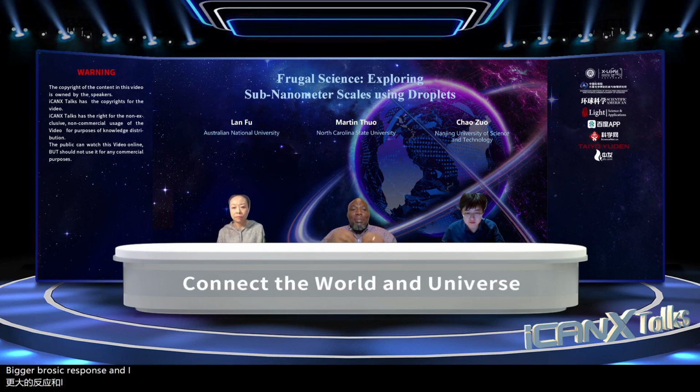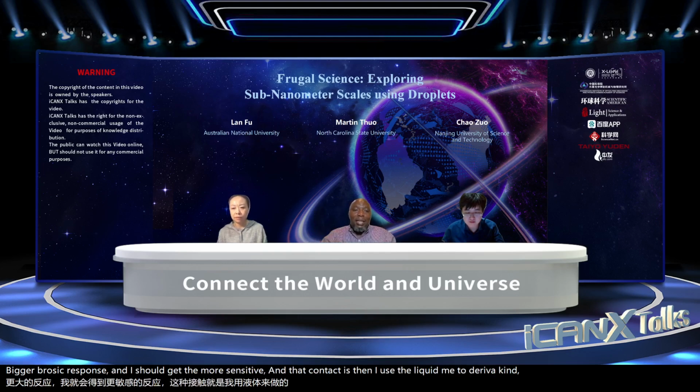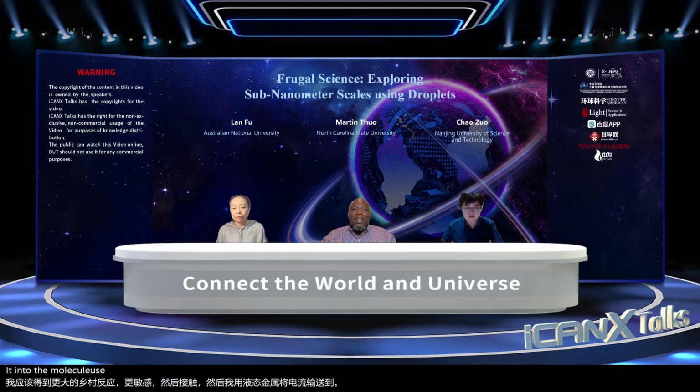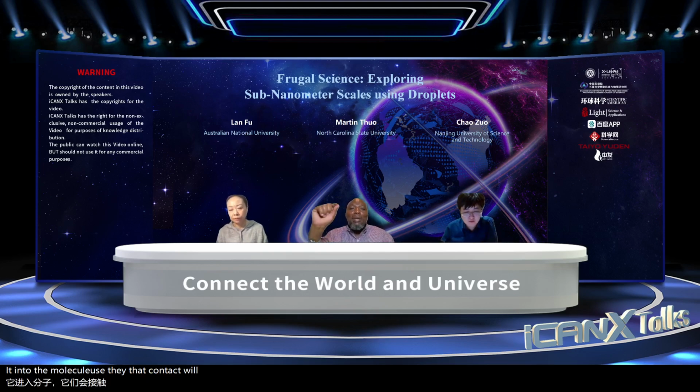I should be more sensitive. And if I use the liquid metal to deliver current into the molecules, then that contact will become a huge influence on the amount of current that is going through.